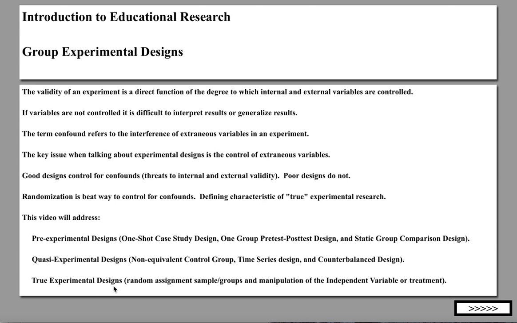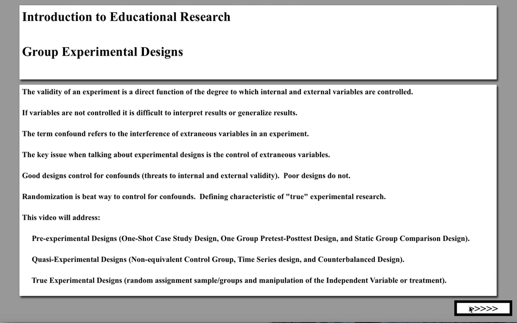And again, the hallmark of true experimental designs is random assignment and manipulation of the independent variable or the treatment. So the researcher is able to randomly select a group of participants from a population.